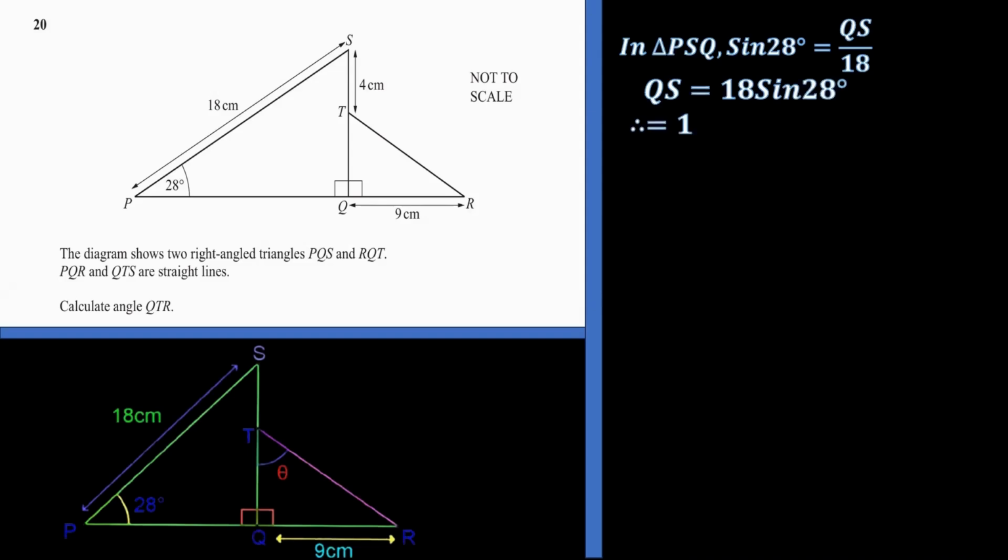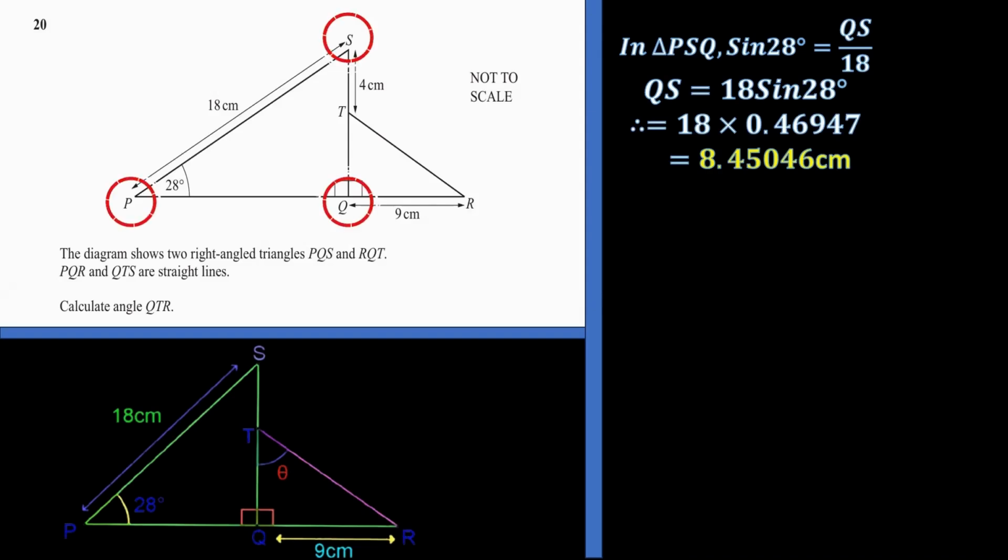So here we start by saying in triangle PSQ, that's the bigger right-angled triangle that has 18 as hypotenuse. In that triangle, I want to find the opposite, which is QS.